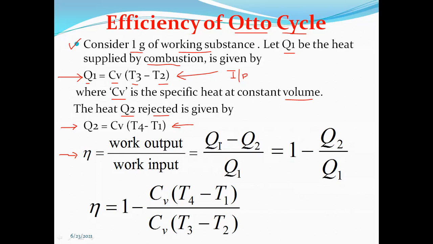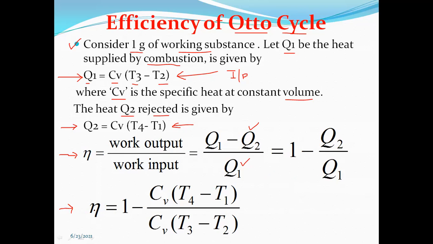So eta equals Q1 minus Q2 upon Q1, which is equal to 1 minus Q2 upon Q1, since Q1 is common. This is simple mathematics.